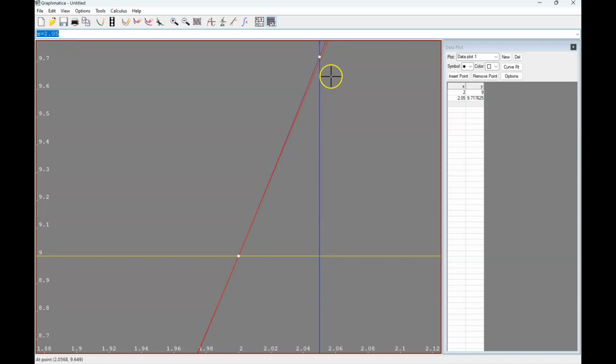So the distance from this intersection down here to the point on our curve is delta y. The distance from that intersection down here to the point on our approximation is dy. So notice that dy is less than delta y in this case because the approximation is less than the actual function at that value.